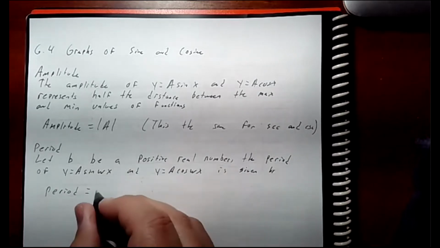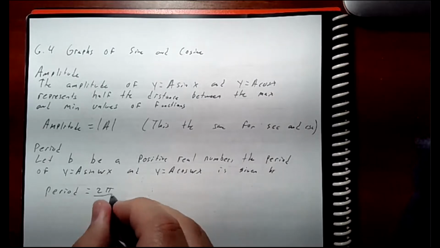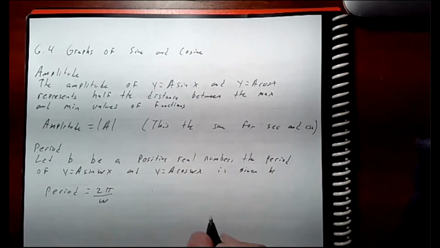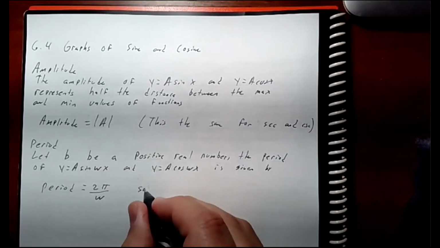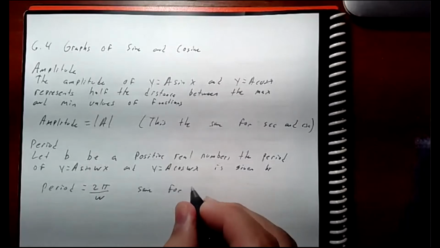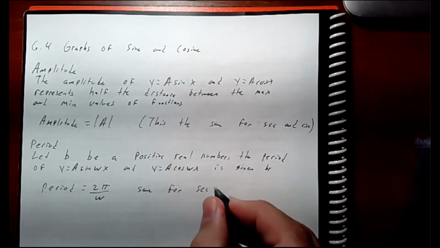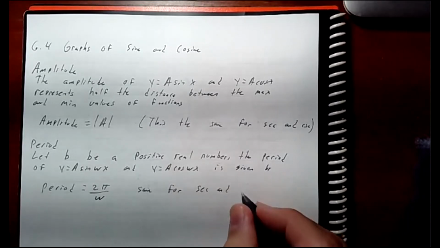The period is equal to 2 pi divided by the omega symbol. Same for secant and cosecant.